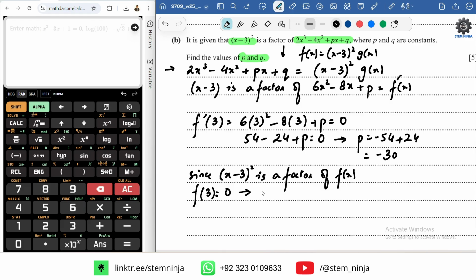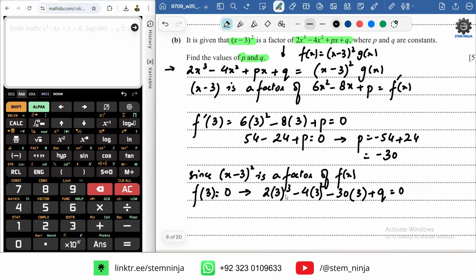So you have 2 times 3 cubed minus 4 times 3 squared, plus p, that is minus 30, times 3, plus q equal to 0.